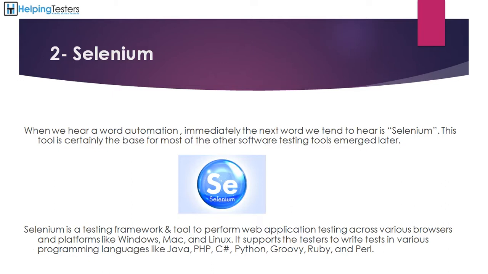This web application testing tool uses different languages, but predominantly in most companies, Selenium is used with JavaScript. The Selenium testing framework supports Java programming languages. Widely JavaScript is used, but this application supports Python, Groovy, Ruby, C#, everything.